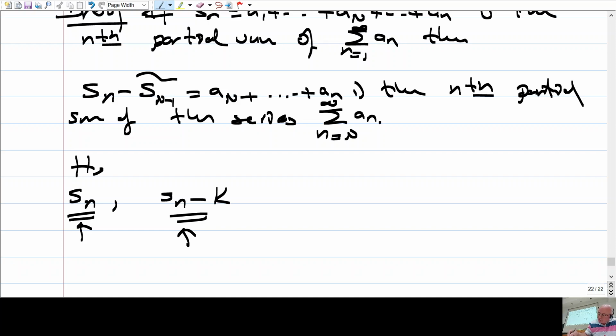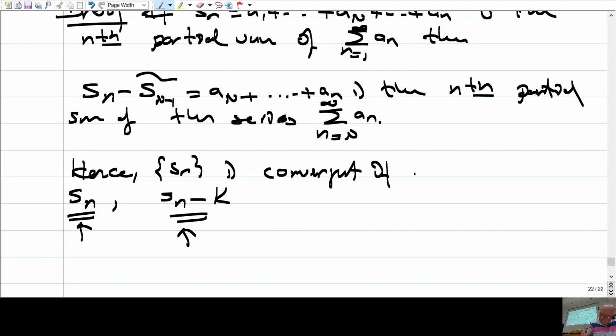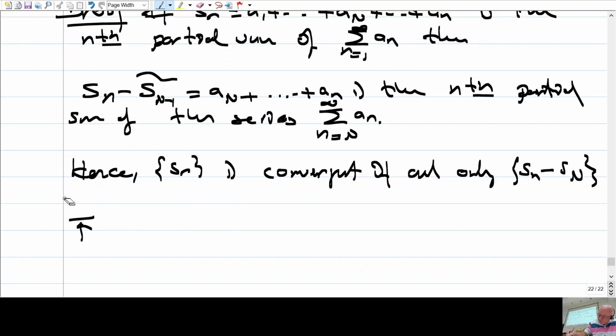Hence, Sn is convergent if and only if Sn minus S(N-1) is convergent, right?